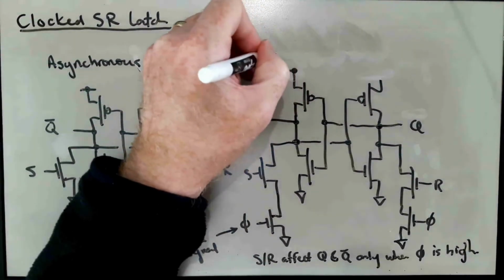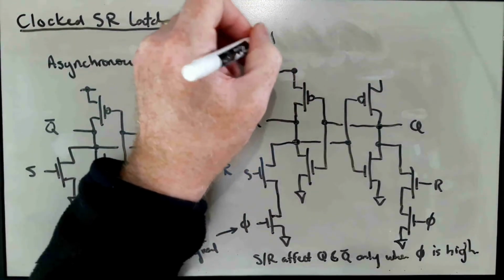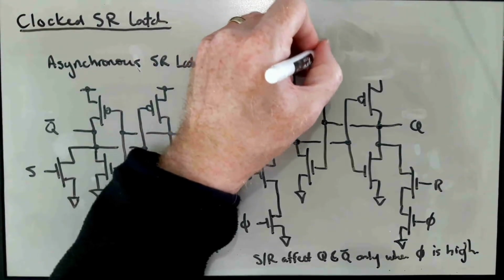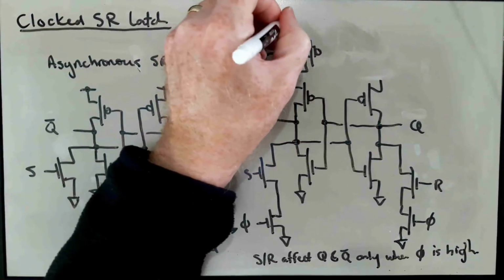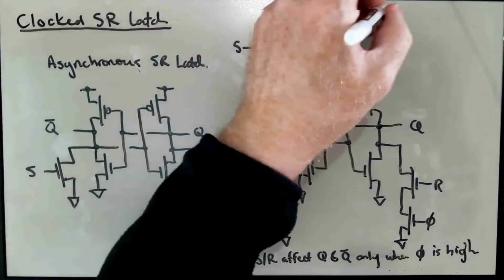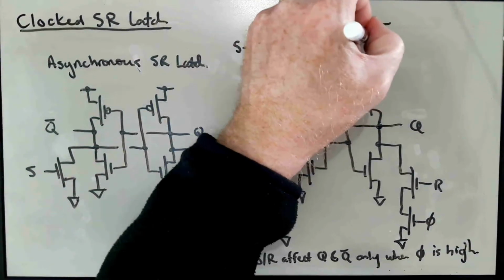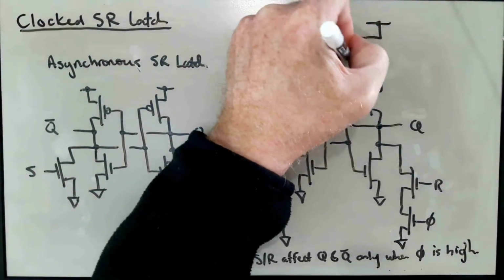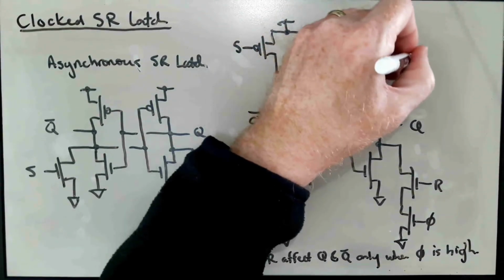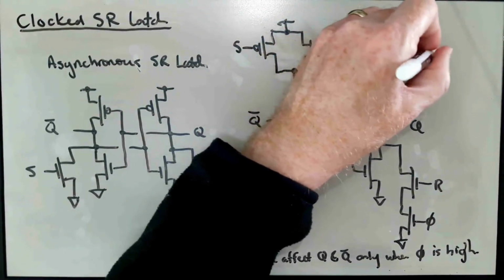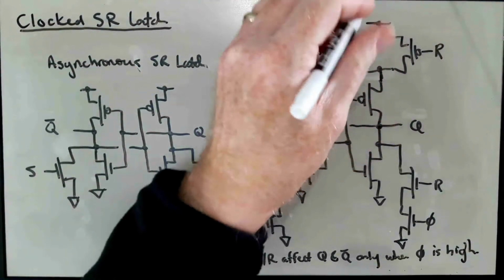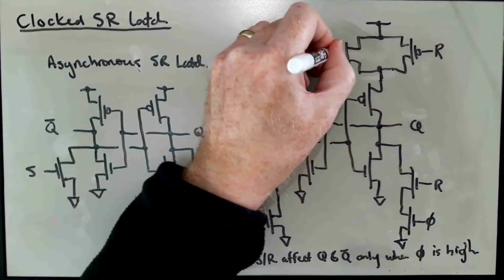So I have two transistors in parallel here, where this is S, and this is R, and then this is the clock here, phi.